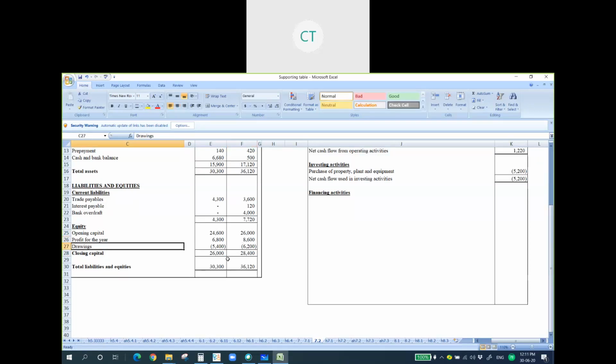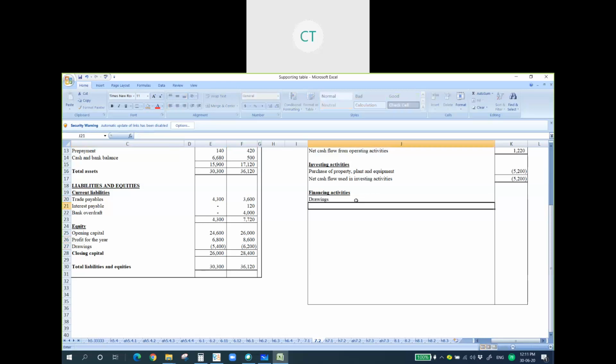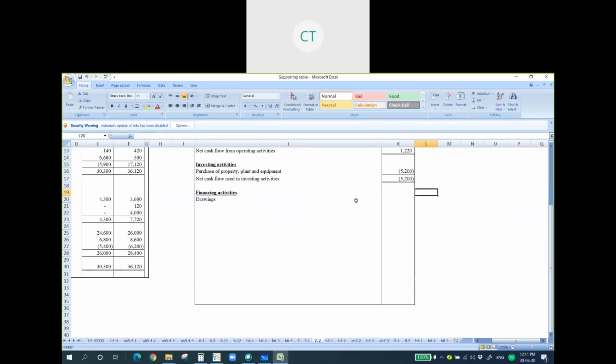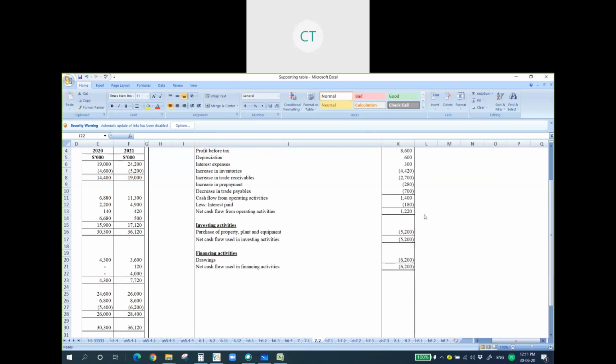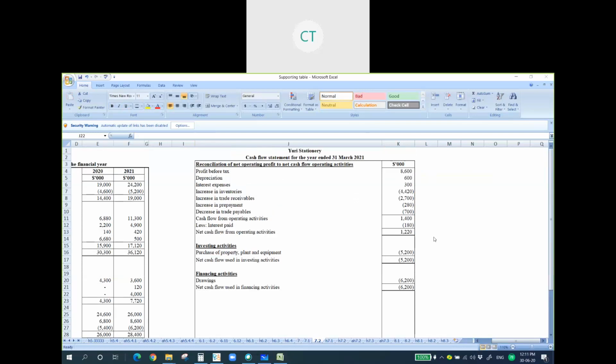So we only require to record the drawings. This drawing is a negative 6,200. So what we get is net cash flow used in financing activity. All right. So basically we have completed this tree.